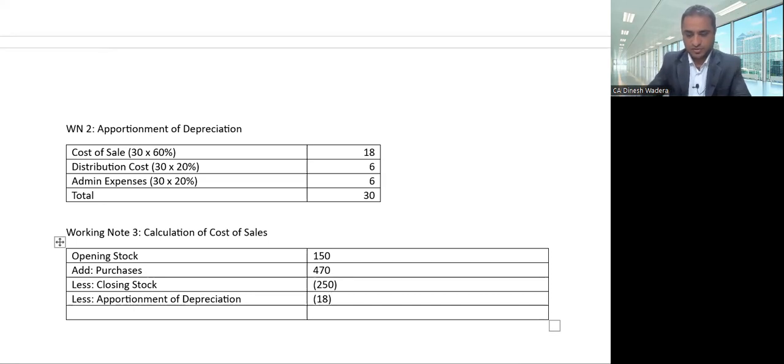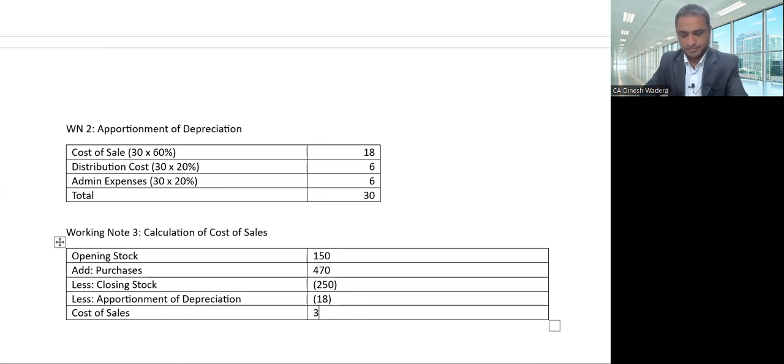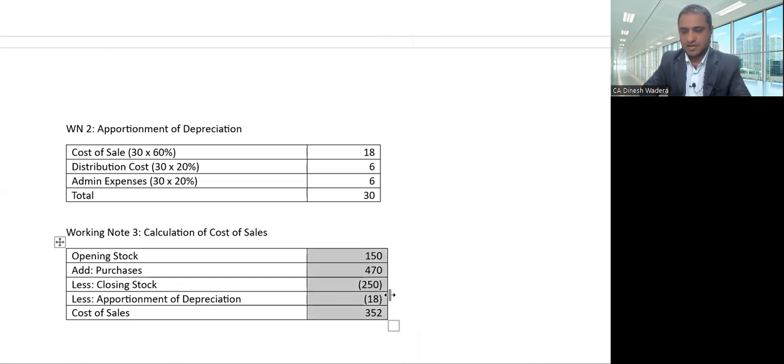Now work out the cost of sales. So pick up your calculator or your Excel sheet if you are working on it. It will be 150 plus 470 minus 250 minus 18. It comes to 352. Numbers always should have left-hand alignment.